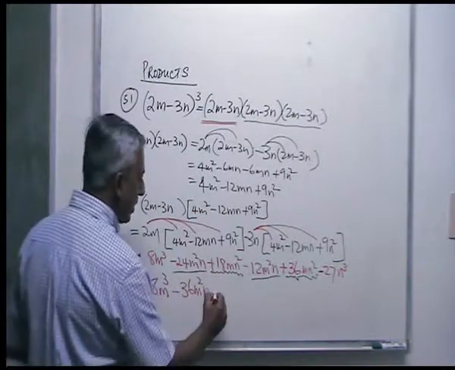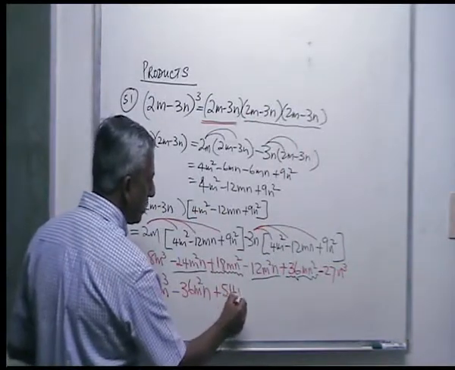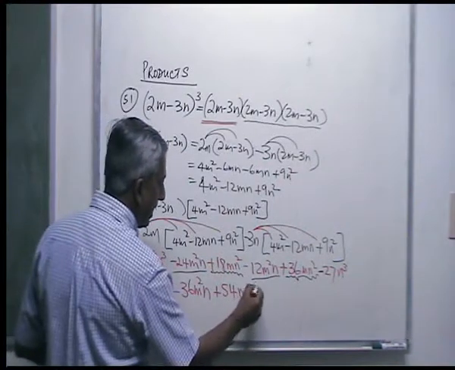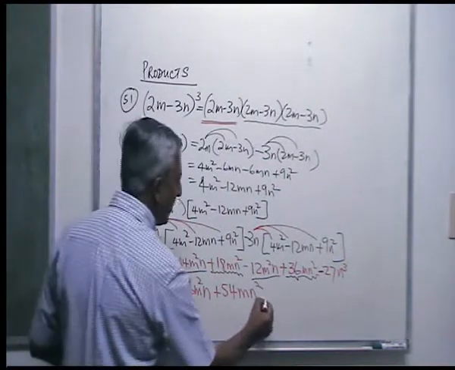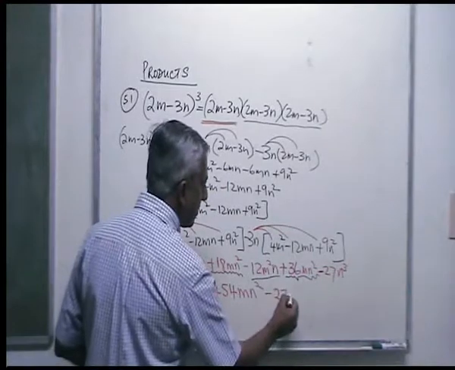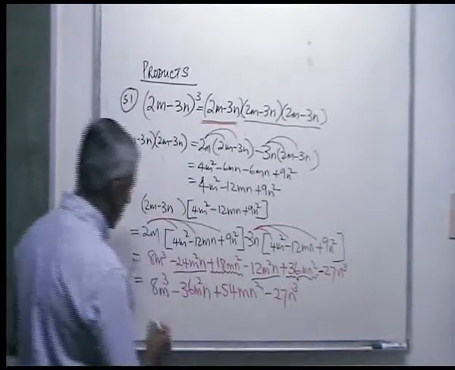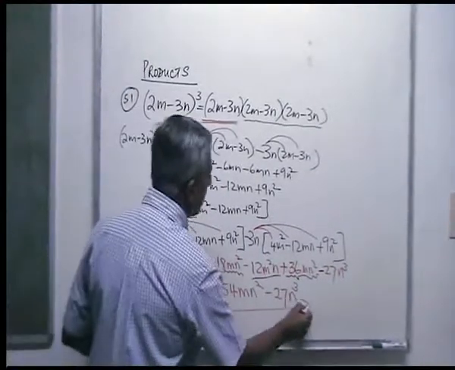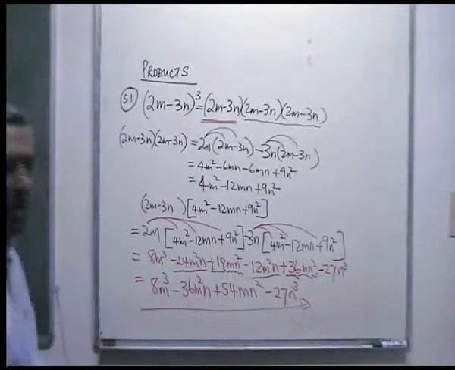And then you add these two up, you get plus 54 m n squared. And finally you're left with minus 27 n cubed. So that's your final answer for number 51.